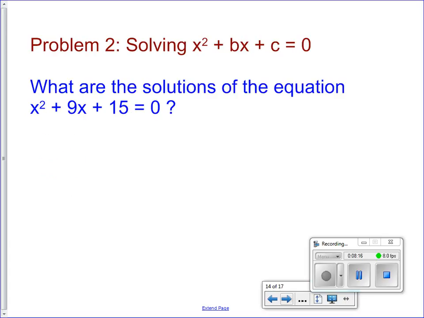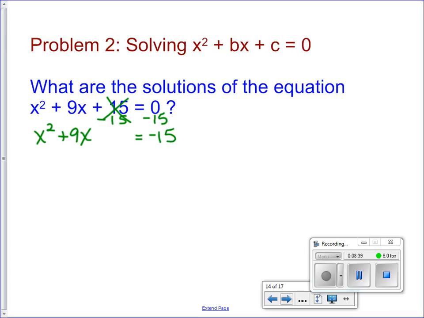So we're going to complete the square. To do that, in this case, we want to move the 15 to the other side. 15 minus 15 would be 0, and so I have on the right side 0 minus 15, which is negative 15.